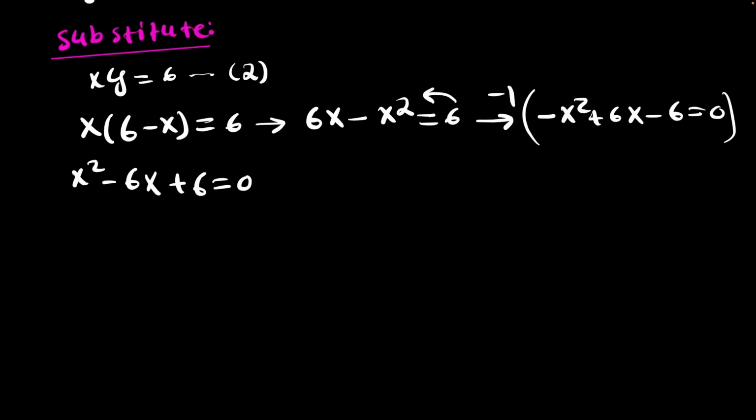Then, in order to find the value of x, I'm going to use the quadratic formula, because this is a quadratic equation. So what is the quadratic formula? x is equal to negative b plus or minus the square root of b squared minus 4ac, over 2a.